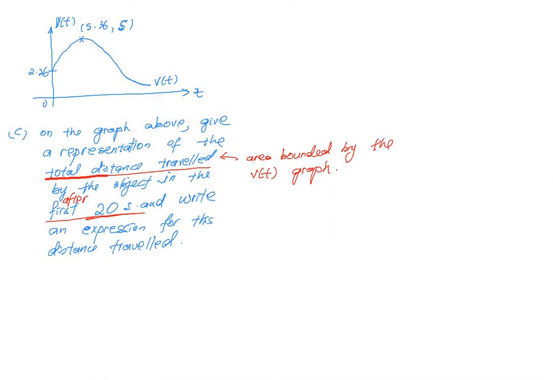So that means it's from 0 to 20. Here is my 5, and 20 will be somewhere here. So for the representation, I have to shade this area.